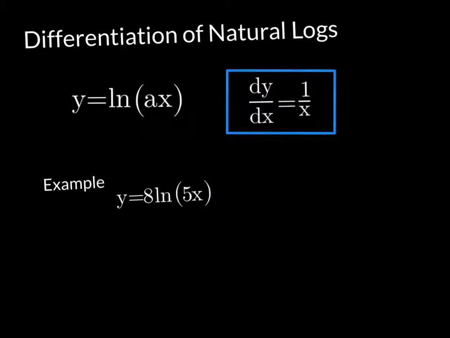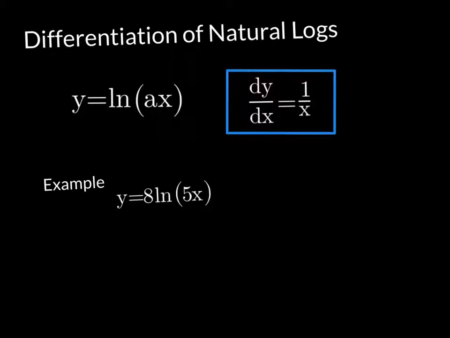Okay, so let's now look at differentiating natural logs. So hopefully you remember from our previous studies of logs and exponentials that a natural log is a log with a base equal to e, the mathematical constant.